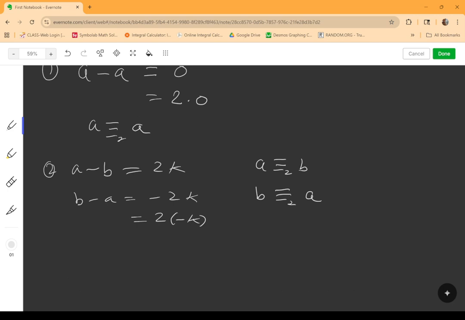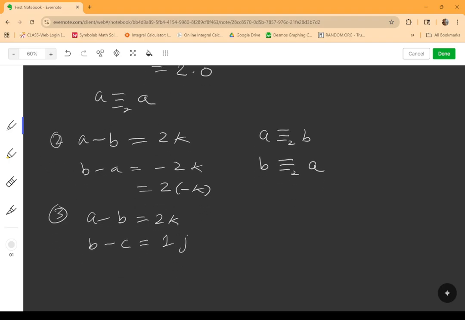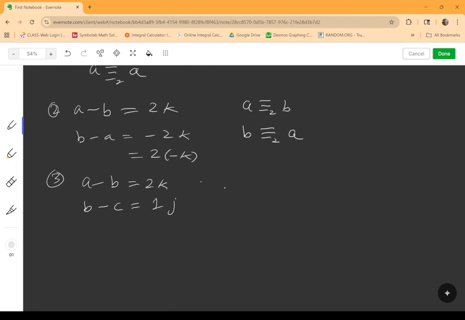Now, is it transitive? Let's assume that A minus B is 2k and B minus C is 2j. In other words, my assumptions are A related to B and B related to C. Now let's prove that A has the same relation to C. So what about A minus C?